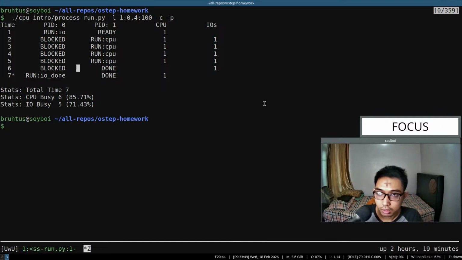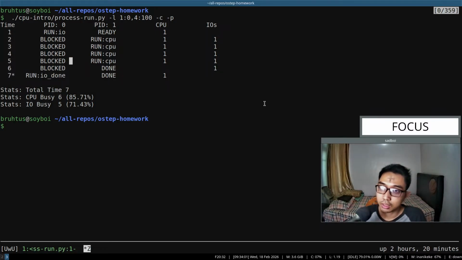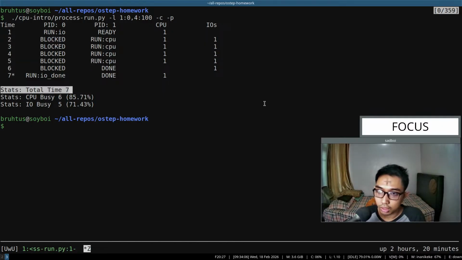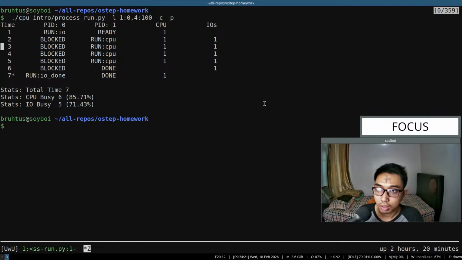And when this is done, we can go back to the input output process. So the total time is shorter because we are switching the context or the process while the other process is waiting for something, right?